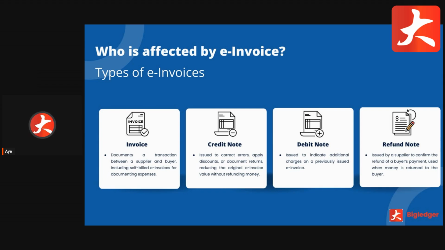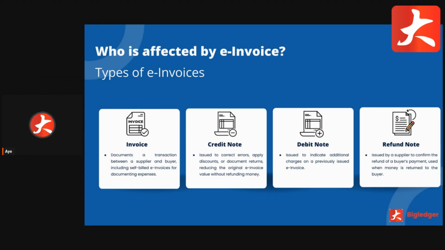Now I will talk about the types of e-invoices. IRBM has mentioned four types of e-invoices. One is the invoice, a request for a transaction between a supplier and buyer, and it can include a self-billed invoice for the expenses side also.